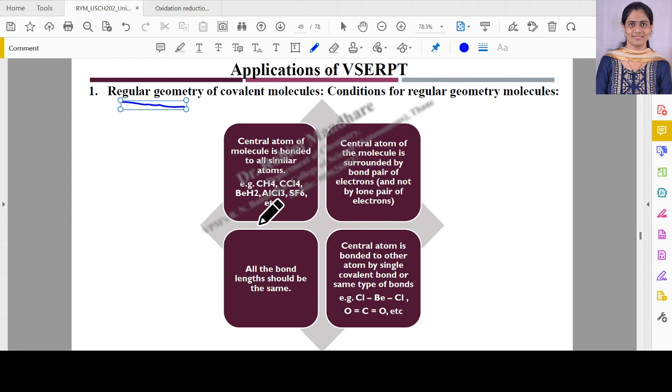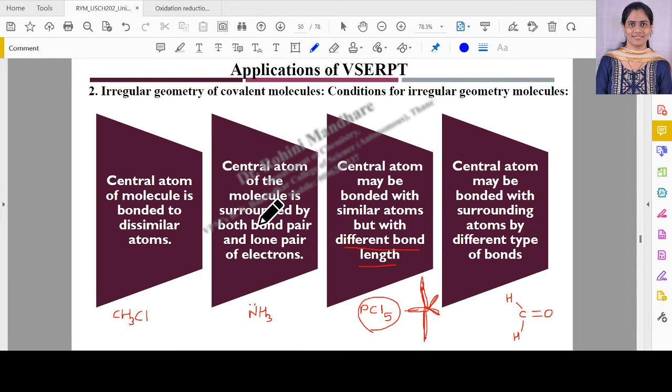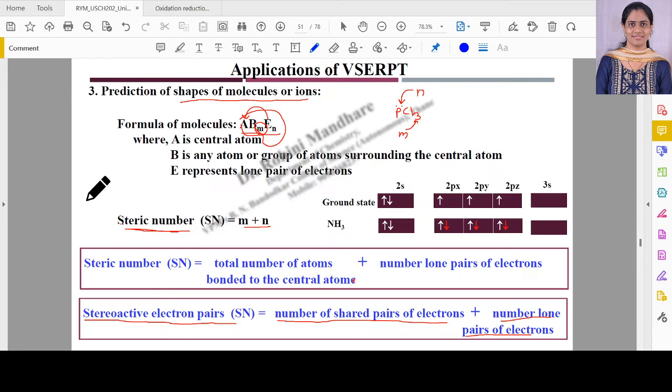A molecule must obey these criteria, then only it can be categorized as a regular geometry molecule. For irregular geometry molecules also there are some criteria, so go through them. There can be a question like: identify whether the given molecule is regular geometry or not.